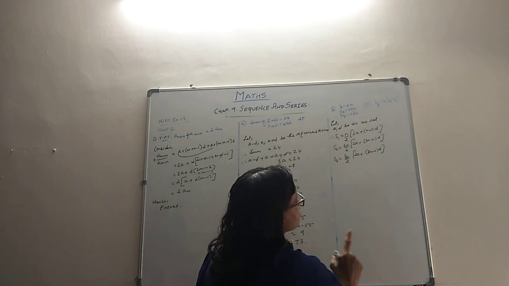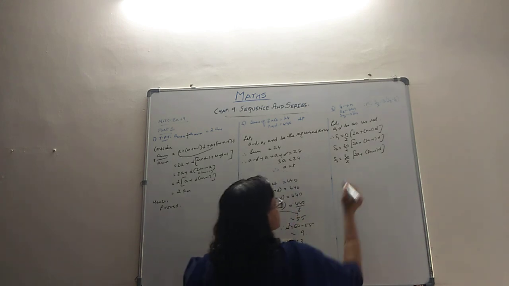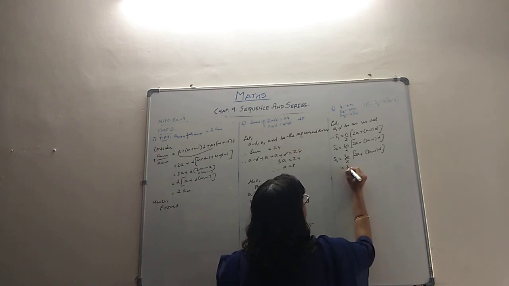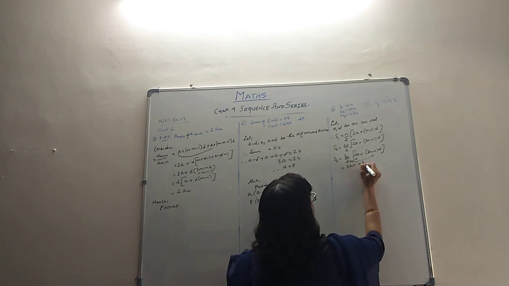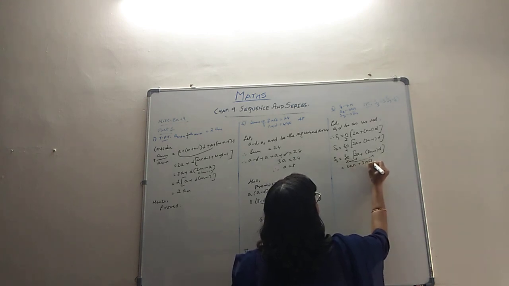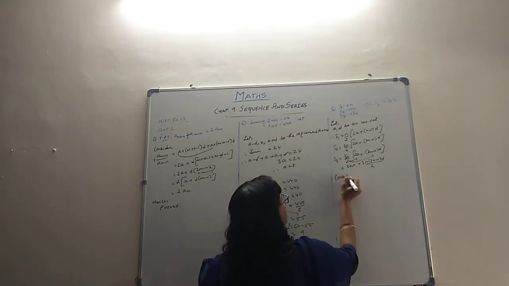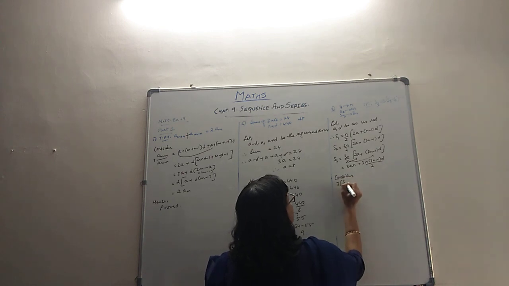Now, they ask us to show all this, S3 and all that. So S3 is there always with us. If you want, you can just expand it. It will come to 3an when we expand, and 3n into 3n minus 1 d by 2. This is what comes on expansion. And let's consider the other side. Consider 3 times S2 minus S1.